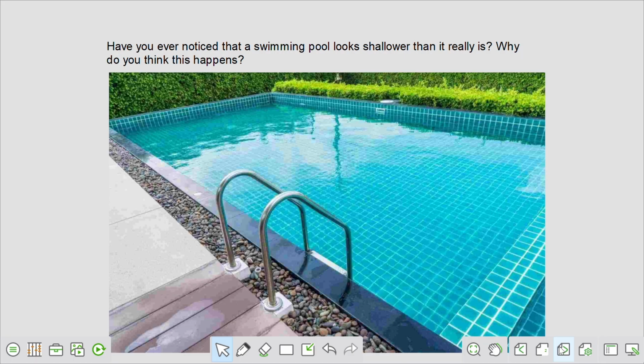Have you ever wondered why? The moment you get into the swimming pool, it will be deeper. But when you look at the swimming pool from outside, it looks less deep. Have you ever wondered why this is happening? Exactly, that's what we are going to learn today.